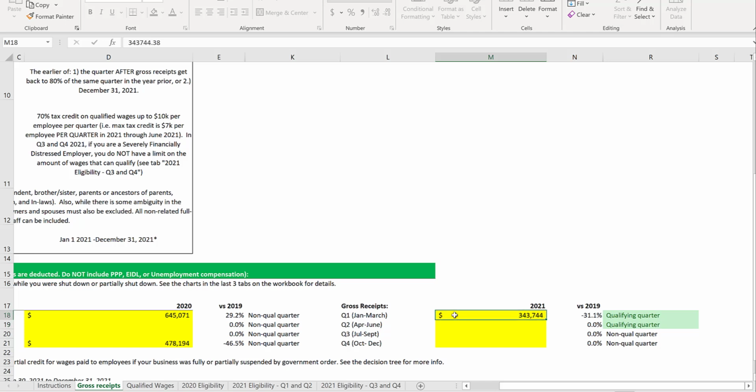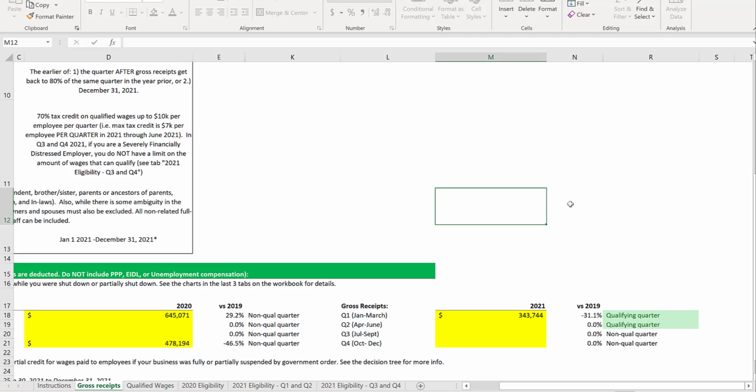So that's what we're going to do now, because we've already determined that we can't qualify in 2020 for any ERTC. But what we're going to do now is try to figure out how much we can actually qualify for, and this is where we go and pull some payroll reports. So just to give you guys some really clear information, this client pays a monthly payroll.